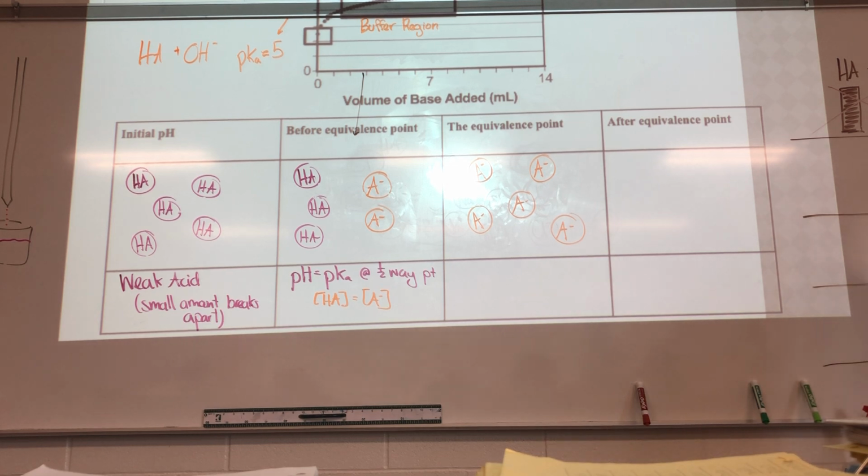Now I heard some good discussions. Anything else people believe should be there? Water. There is water. Good point, Andrew, because we are making that too. Have a smiley face. You're not wrong. Do I have anything else in this? Bonnie, wouldn't you also have the ion for the OH from the strong base?